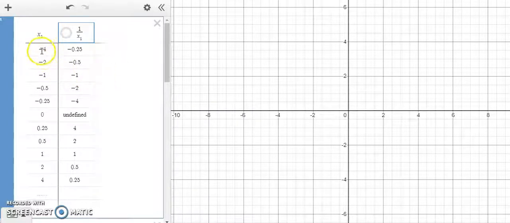If we look at the different values, we'll notice that the whole numbers are giving us decimals, because we're taking, say, 1 divided by 4, and it would give us 0.25. We notice that when we take the decimals, dividing by a decimal is going to give us a whole number. And then the most important thing is that when we're dividing by 0, it gives us an undefined value, which is another way of saying that there is no solution, because we cannot divide by 0.